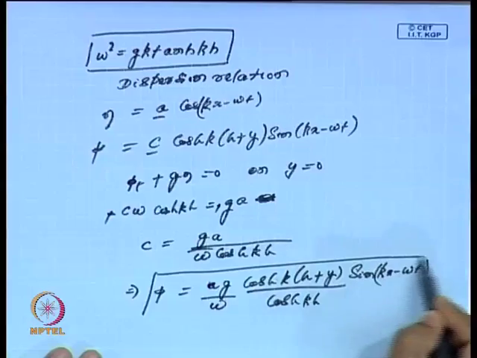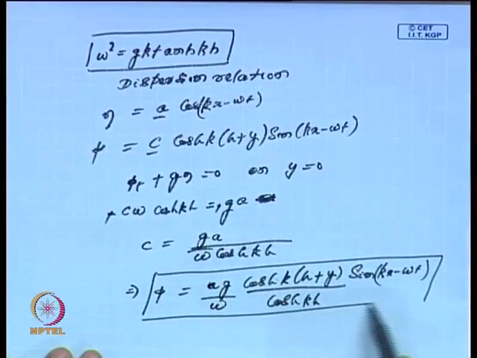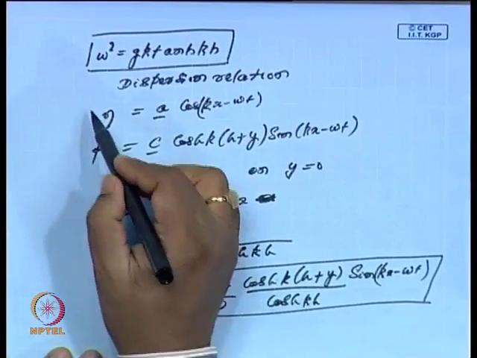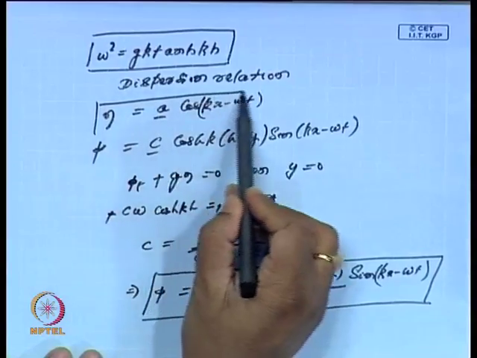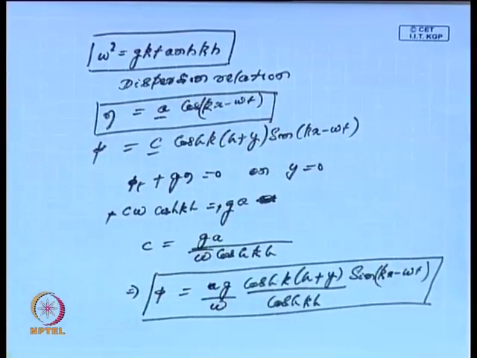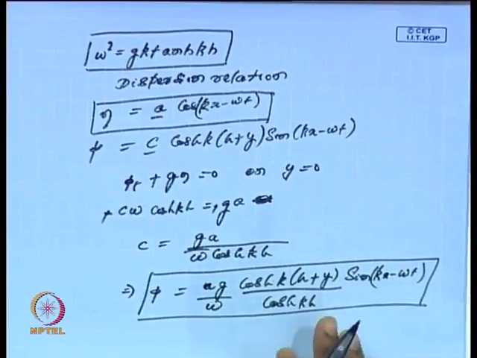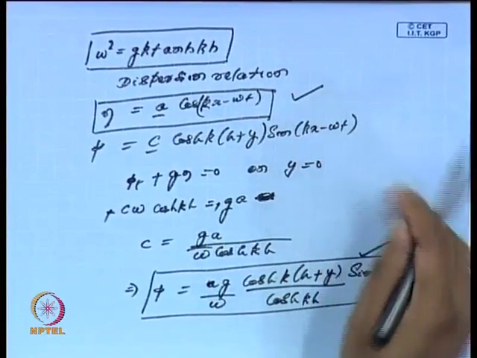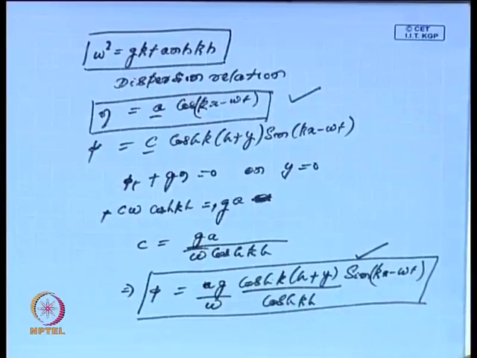This is my complete form of the velocity potential phi for the eta. So, if eta is given by a cos(kx minus omega t), I have the velocity potential phi given by a g by omega cosh(k(h plus y)) by cosh(kh) sin(kx minus omega t). This is a very important relation as far as eta and phi are concerned.